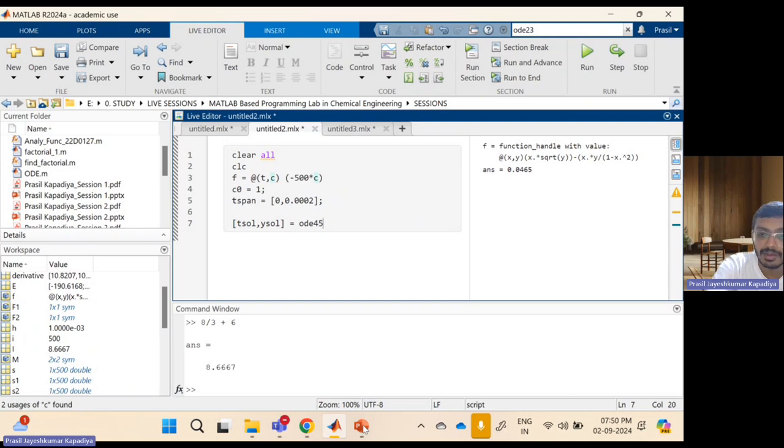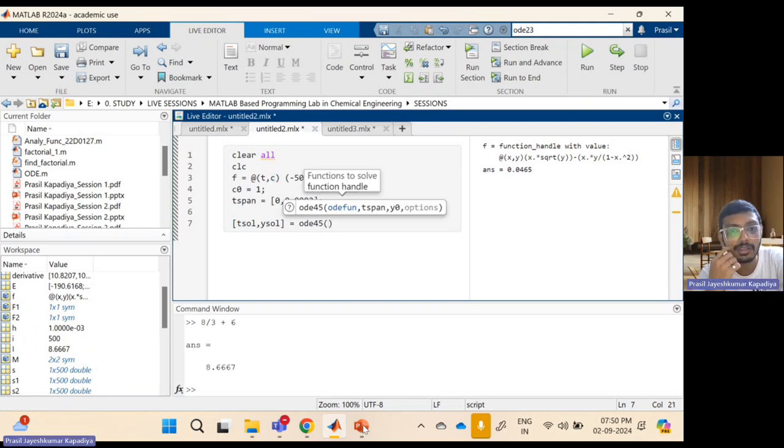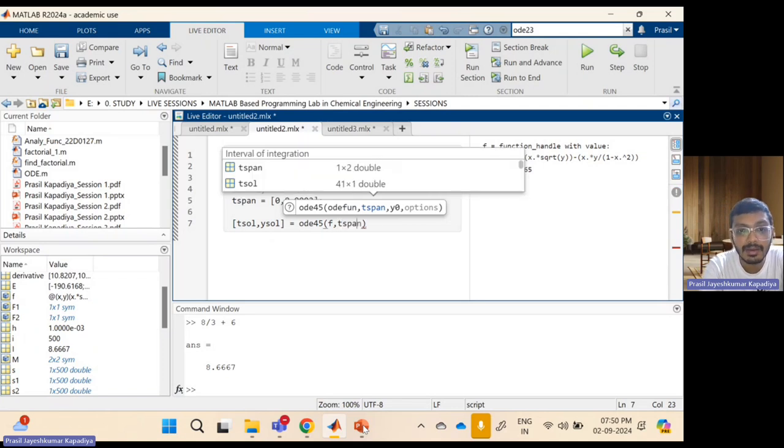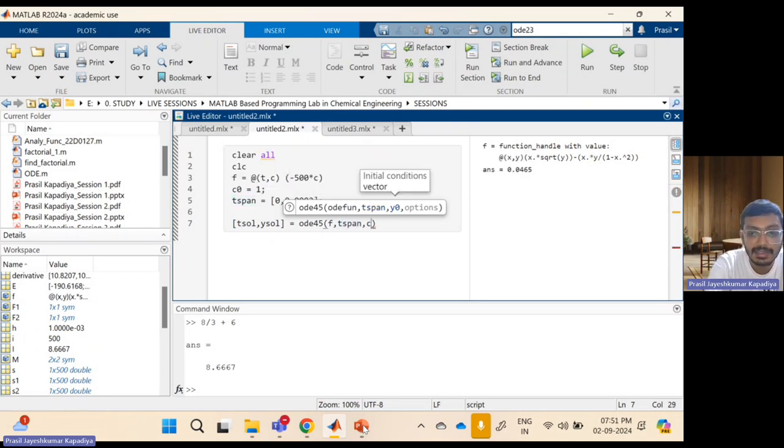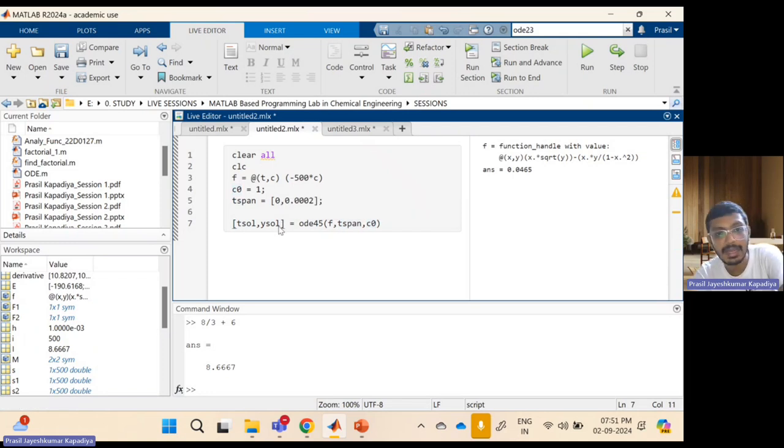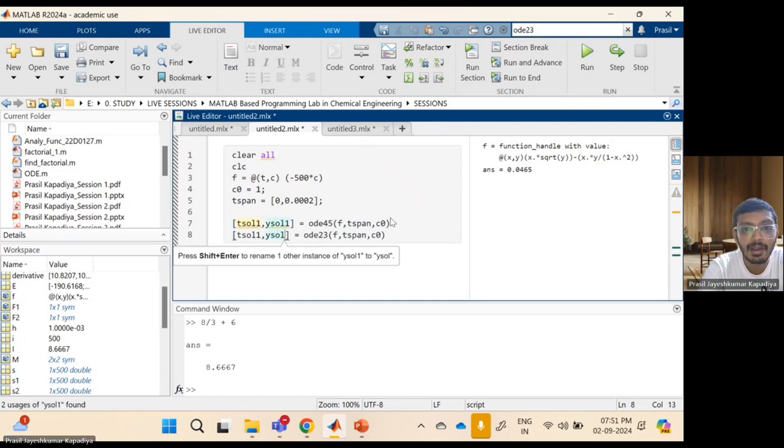So ODE45, what do we write here? f, t span, C0. So this is my solution using ODE45. I'm calling it solution 1, and the same solution 2, but using ODE23. Correct?